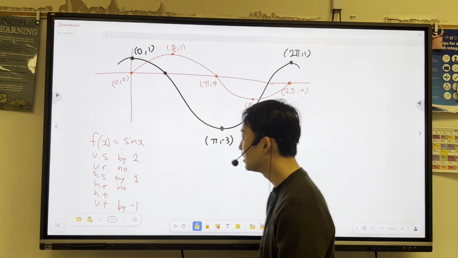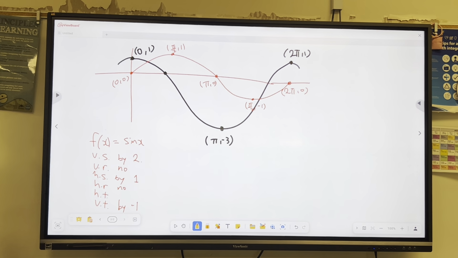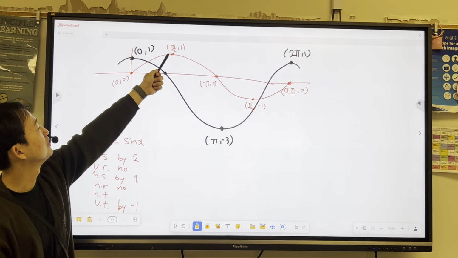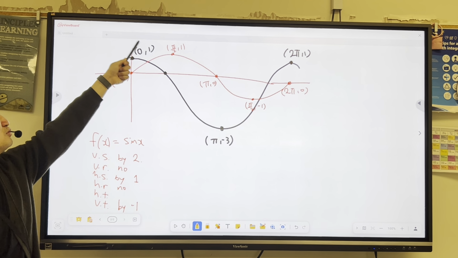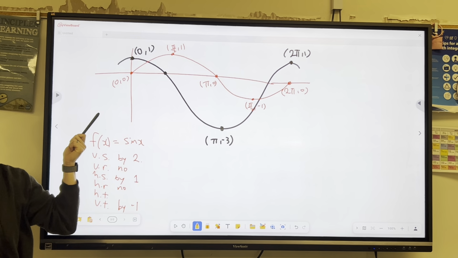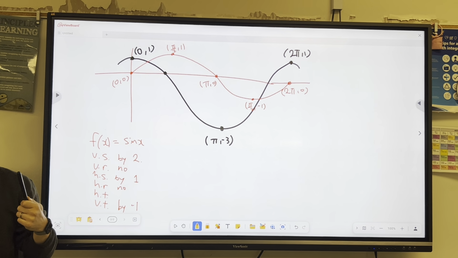The one final piece is the horizontal translation. How much did my graph move left and right? This one also has multiple answers to it, but I think it's easiest for me to say my pi/2, 1, the maximum, has moved to the left by pi/2.